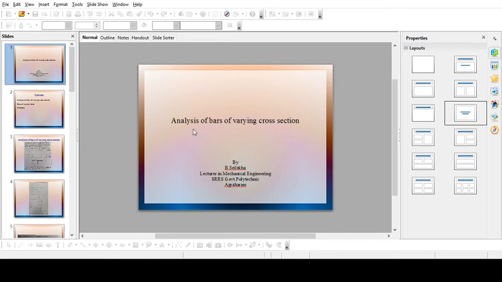But we know that area formula is simply pi by 4 d square. So d is equal to under root of 4A by pi.